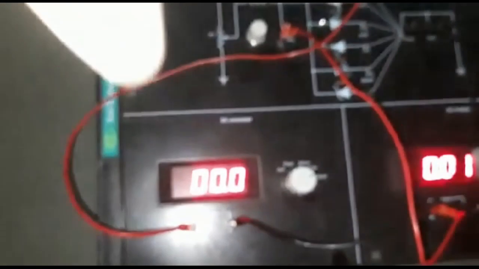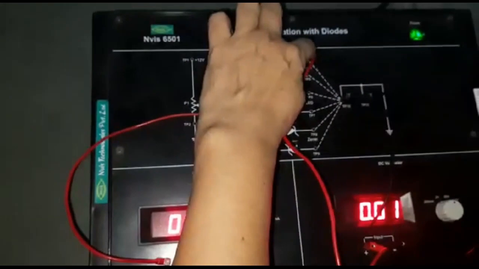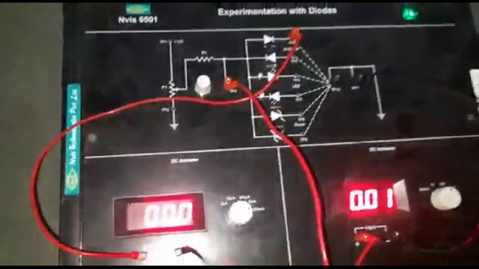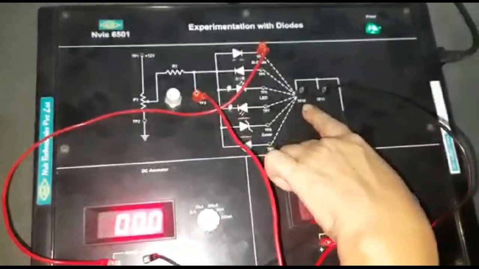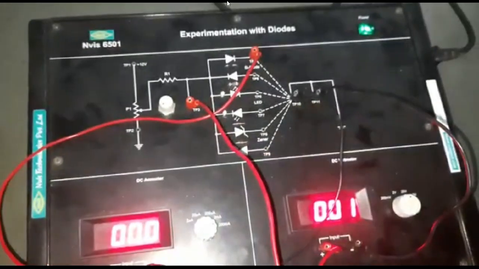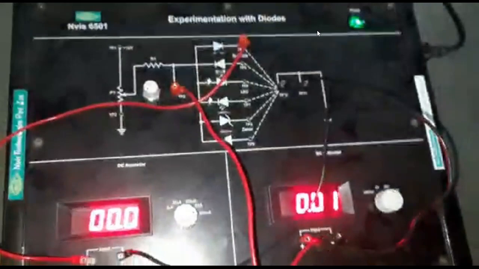Then we make connection. In making connection, we simply connect the positive terminal of the DC voltmeter to TP4, and the negative terminal to TP10. So this milliammeter is connected in series with this diode.